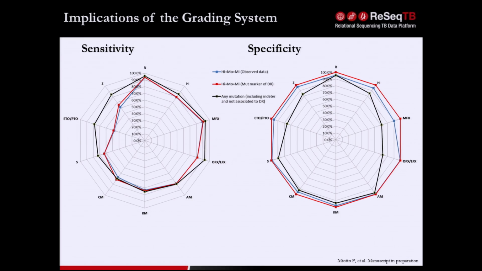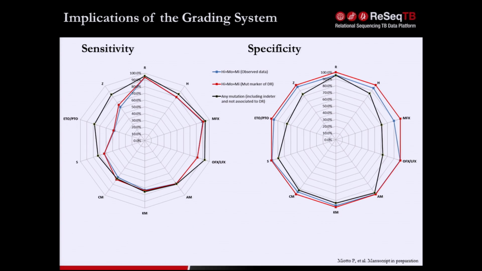In black, you have any mutation approach, so you don't care about the grade of the mutation. If you have a mutation, you are going to use it to cause resistance. In blue, you have the graded mutations compared to the phenotypic DST as reference, and in red, you have the graded mutations used as marker for resistance, so correcting the phenotypic DST if they are reported in susceptible cases.